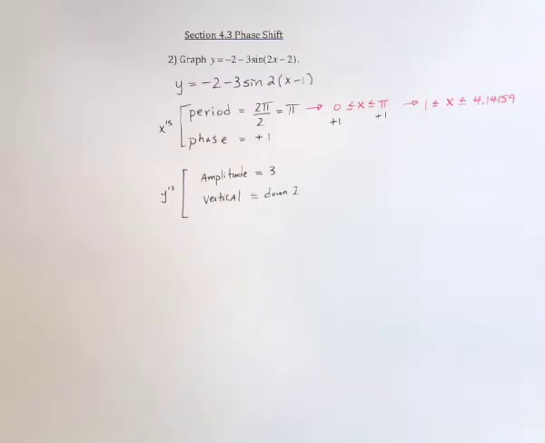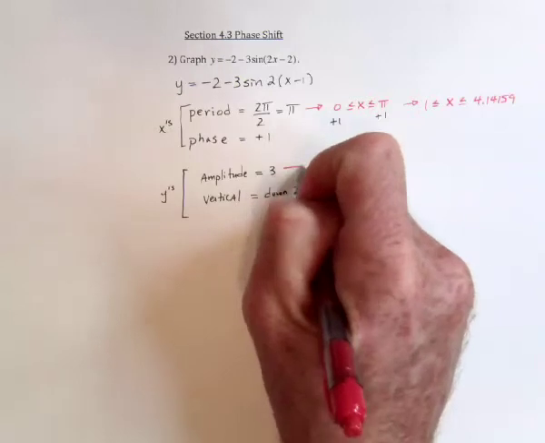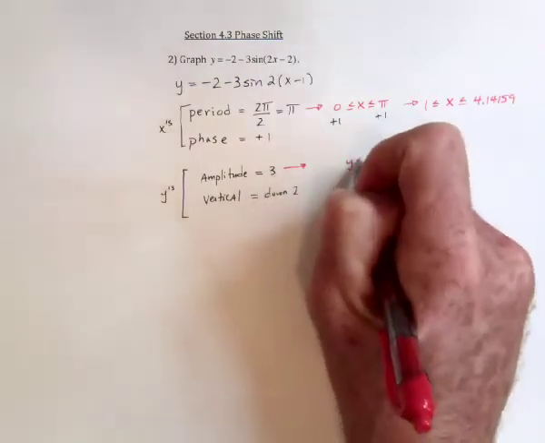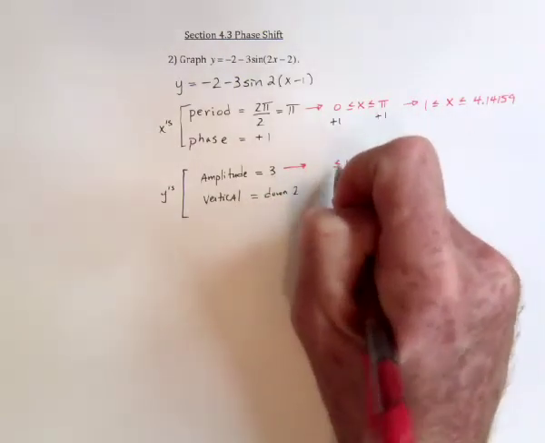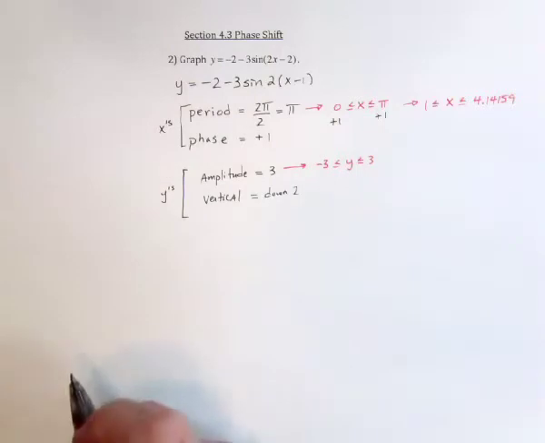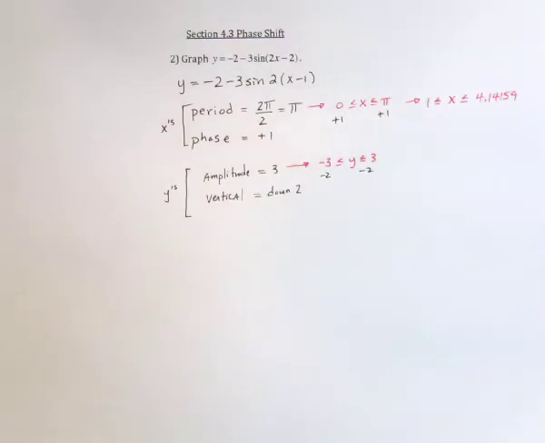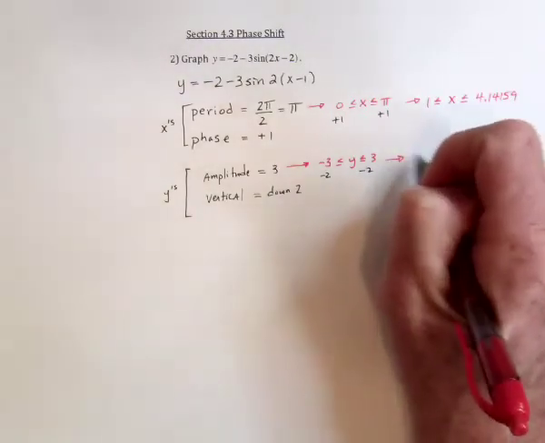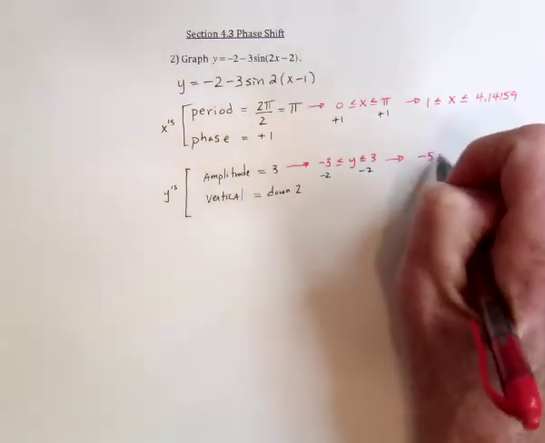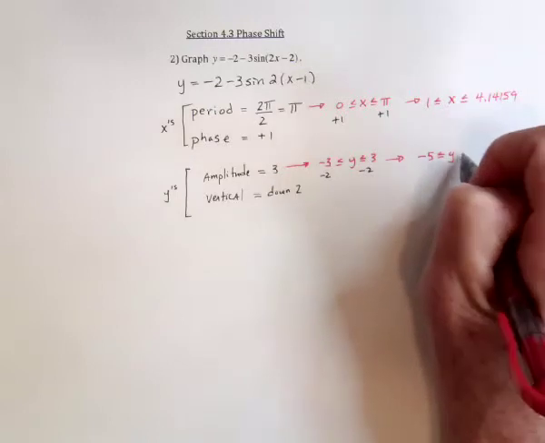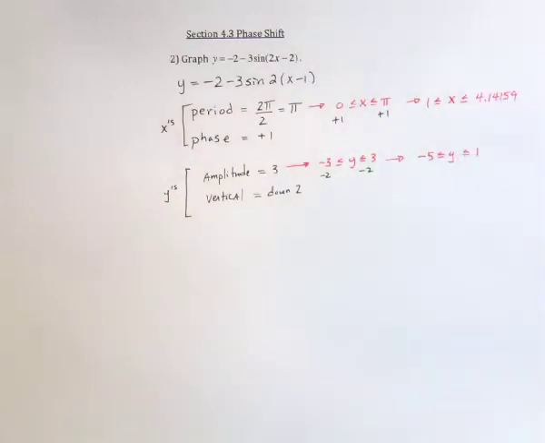Alright, then with the y values. So this information would say that y is going to range between 3 and -3. And then shift those down by 2. And we get that the y values are going to go from -5 on the bottom to +1 on the top.